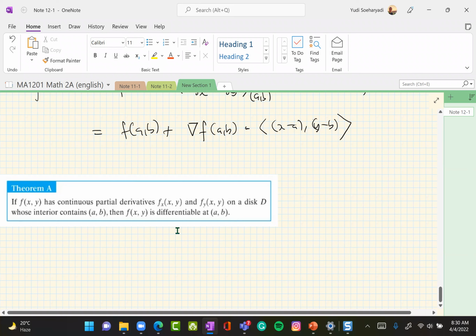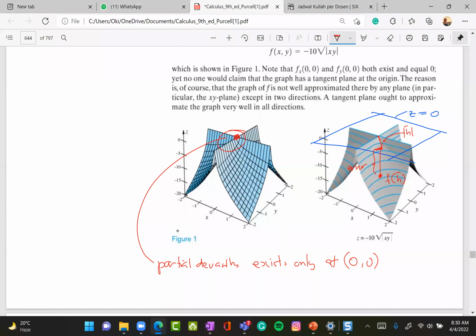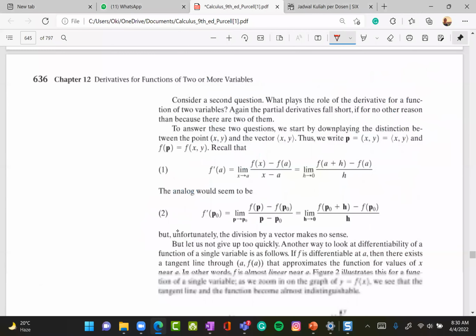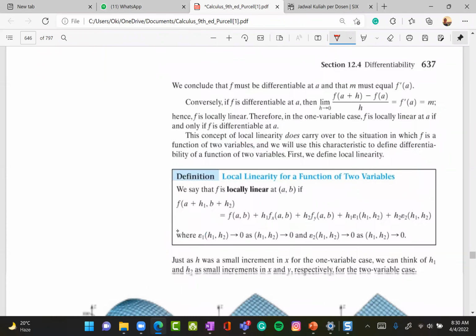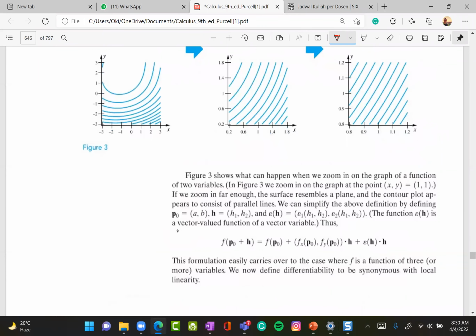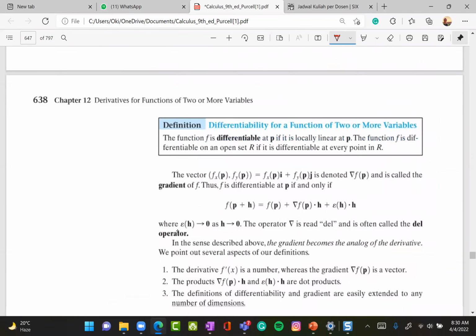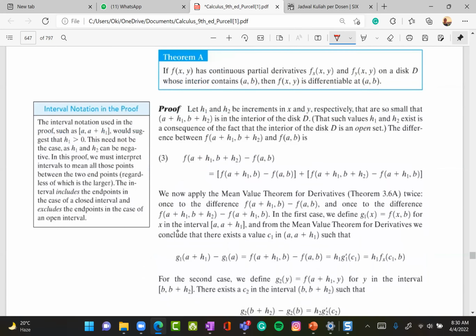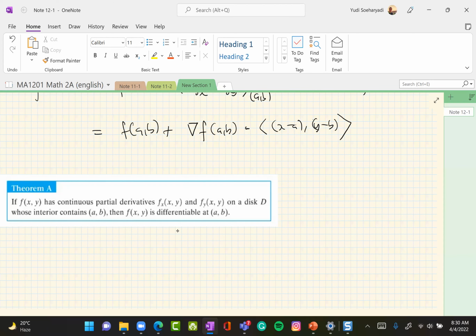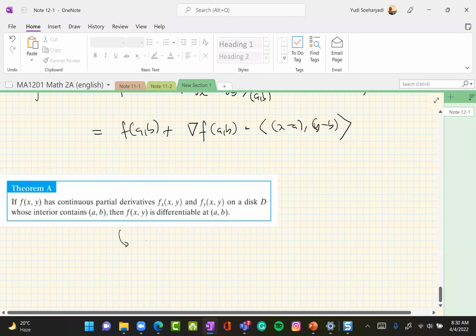So let's do some more problems now. This is our case.